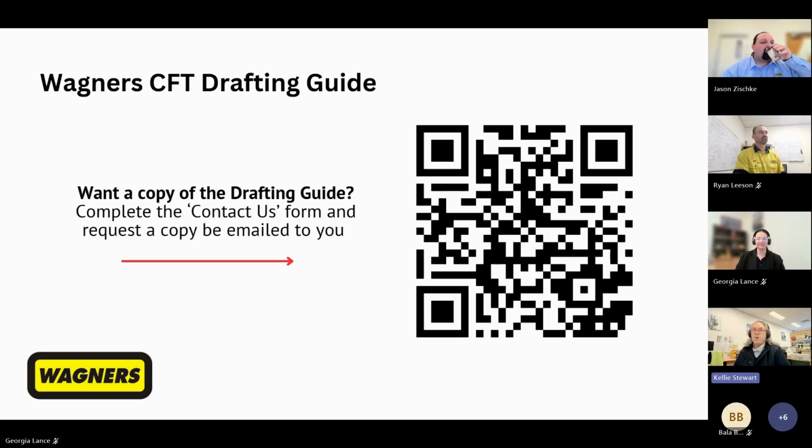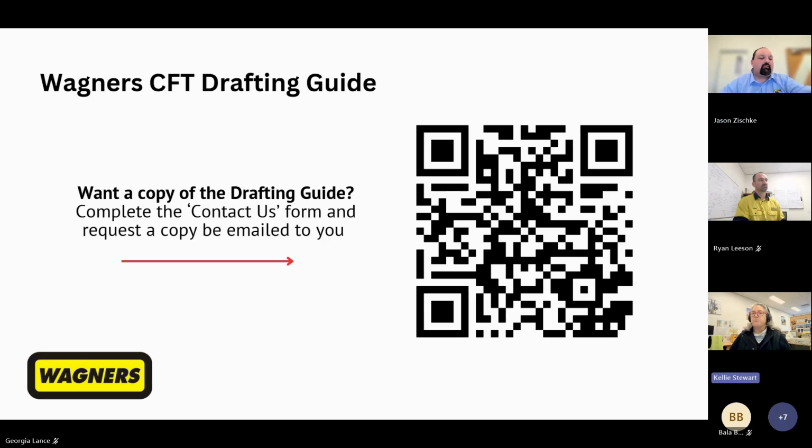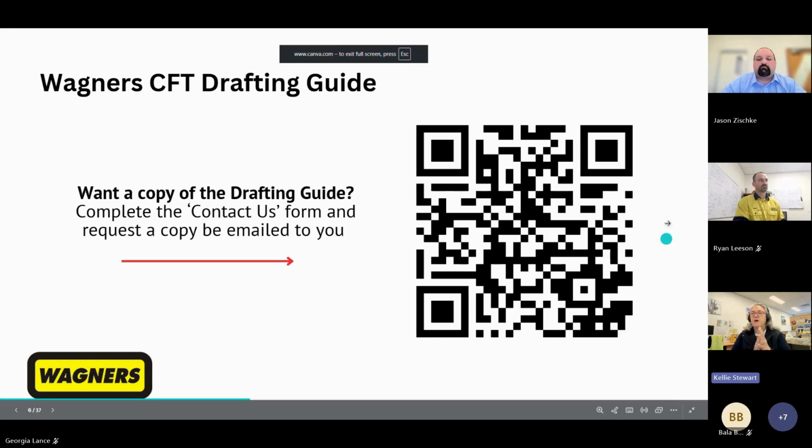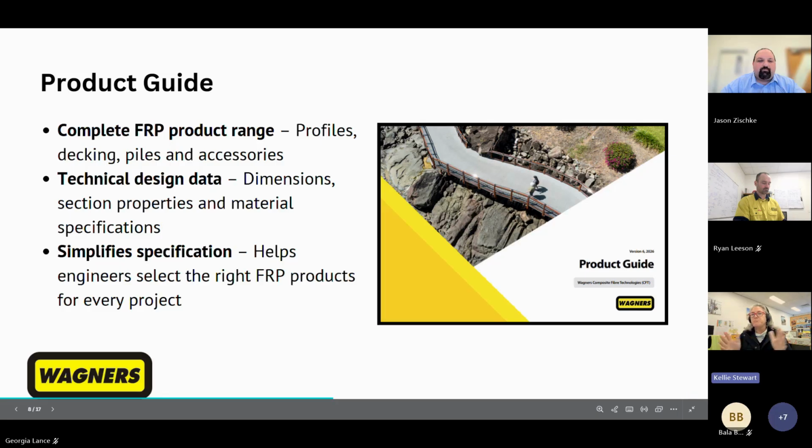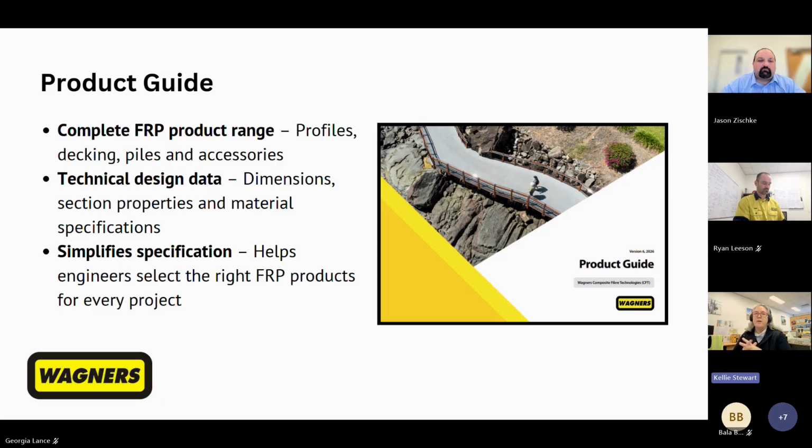So Wagners CFT product guide is a comprehensive resource designed to support engineers and project teams throughout the specification process. It brings together our full range of FRP products, including structural profiles, decking, piles, and accessories in one easy-to-use document.